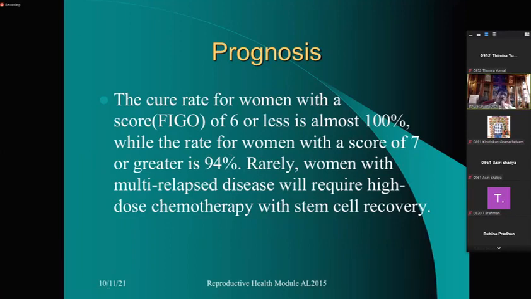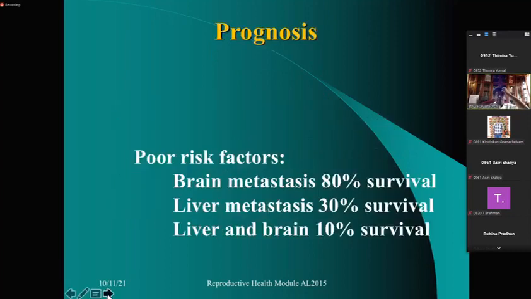Rarely you can have situations where there is metastatic tumor, gone to brain and liver and so on, which may not respond to chemotherapy as well as in other patients. And then, extremely rarely, you may have to locally resect them if it becomes necessary. That's why if you have metastasis, of course, your chance of survival gradually drops.